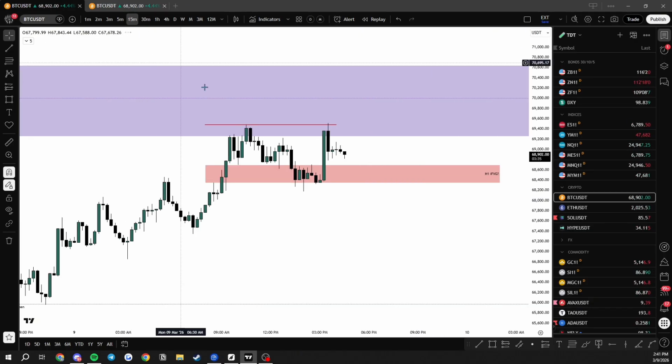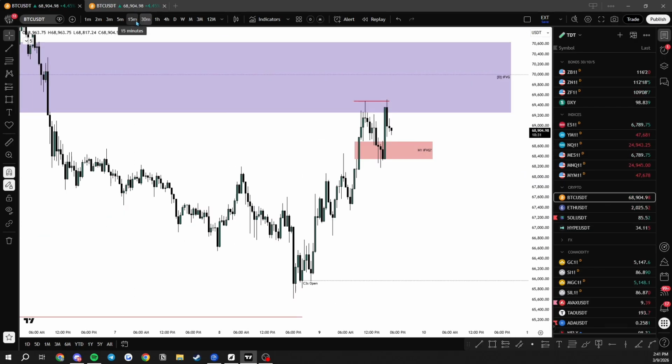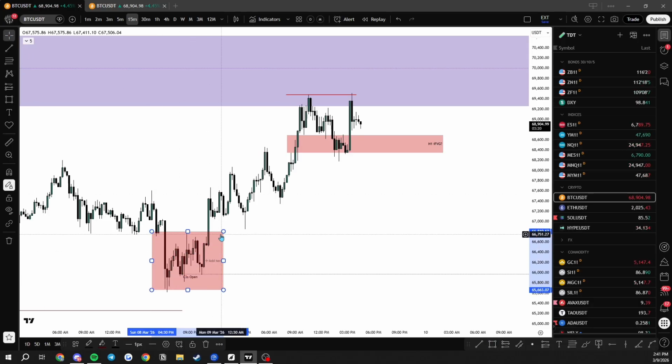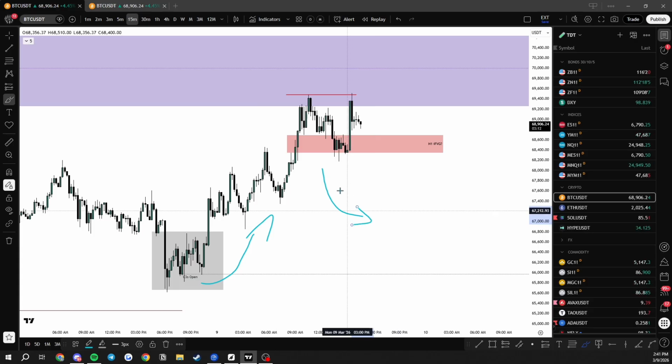And then if we start dropping down to maybe the 15-minute or the 30-minute, either or, now we can start to see the market maker model that we potentially have underway. There's our original consolidation. Here's the buy side of the curve, potentially the start of a sell side of the curve.